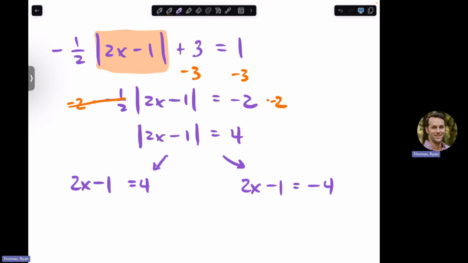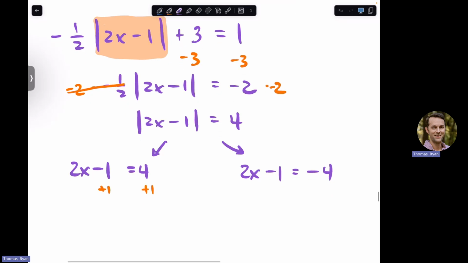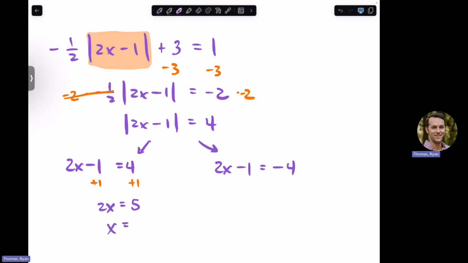So at the point when I drop or decompose the absolute value, what we're doing is interpreting what it tells us, which is that if this thing is 4 away from 0, it could be either at +4 or at -4. Okay, now what? Finish solving, yeah. So add 1. 2x is 5. That means that x is 5 halves, 2.5.